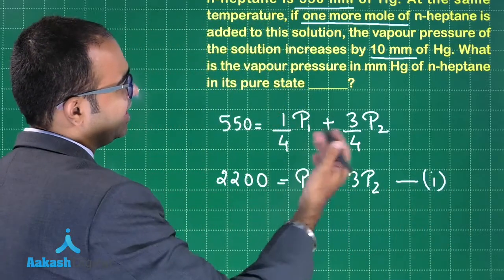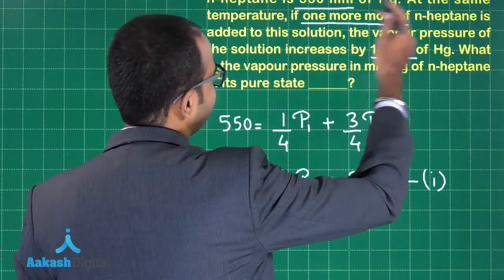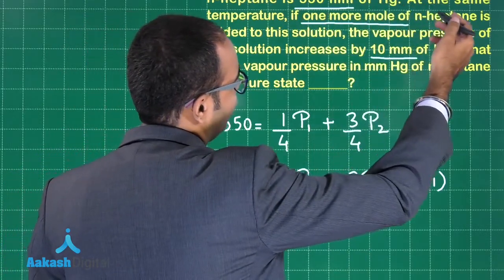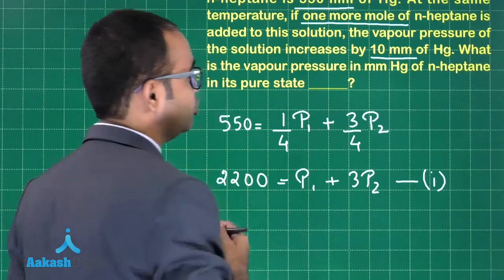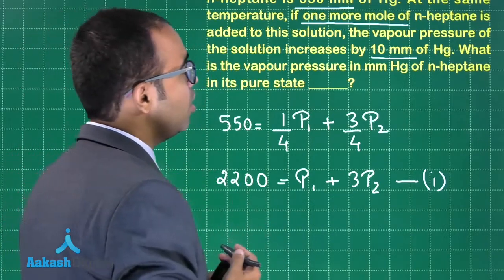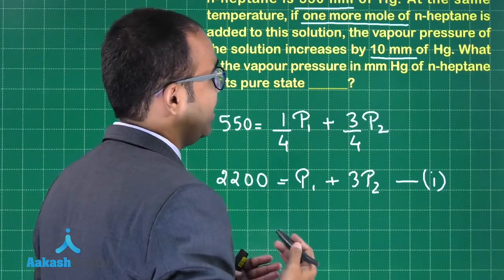Let us go to the second part of the question. At the same temperature, 1 mole of N-heptane is added. So you are adding 1 more mole of N-heptane, guys.